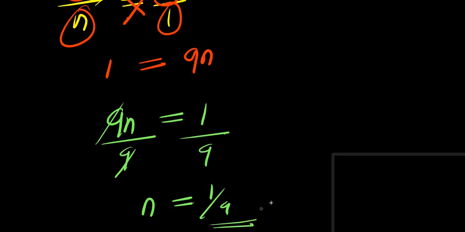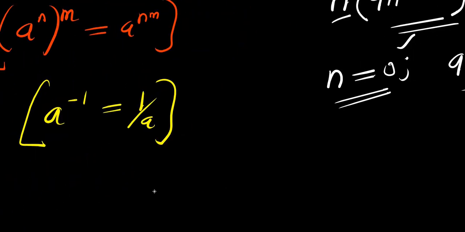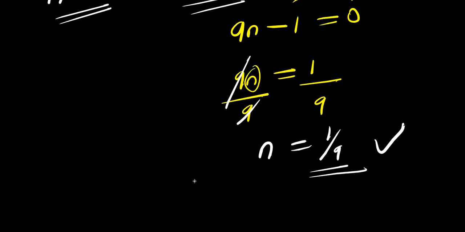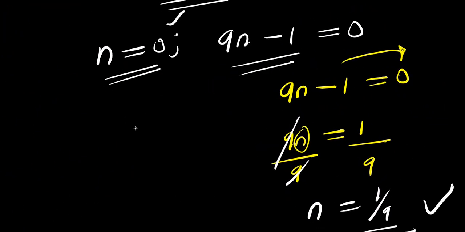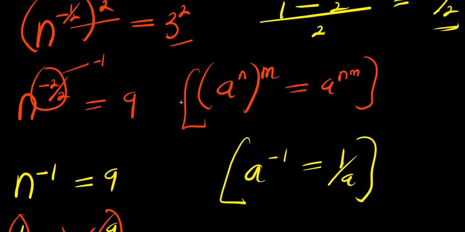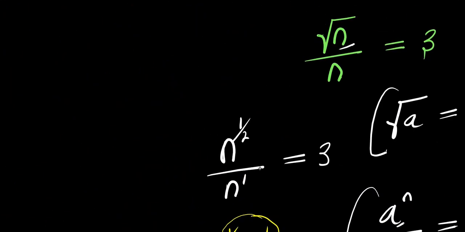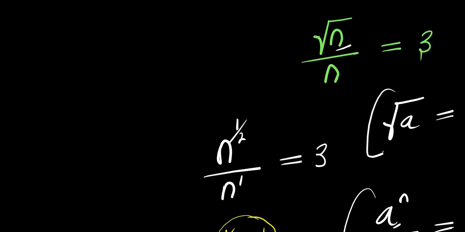So in this particular method, I have one solution, while in this other method, we have two different solutions, which are 0 and 1 over 9. So what I'm going to do next is to insert these two solutions back into the question. We have n equals 0 and n equals 1 over 9.